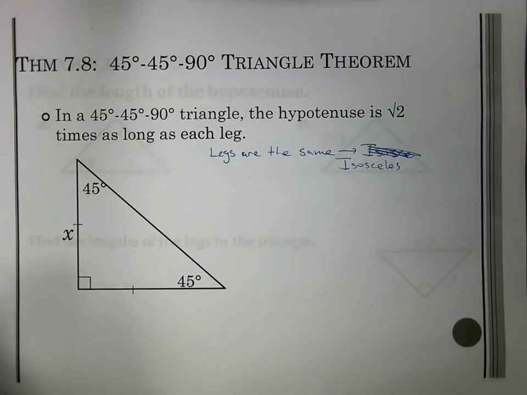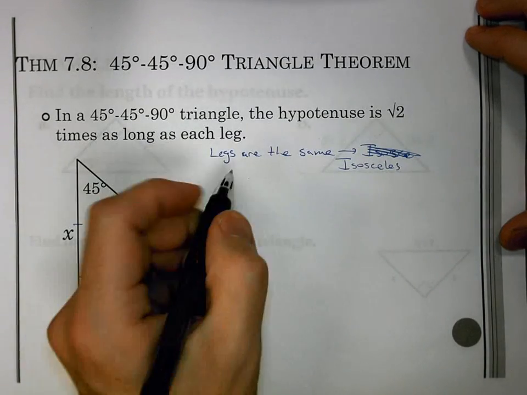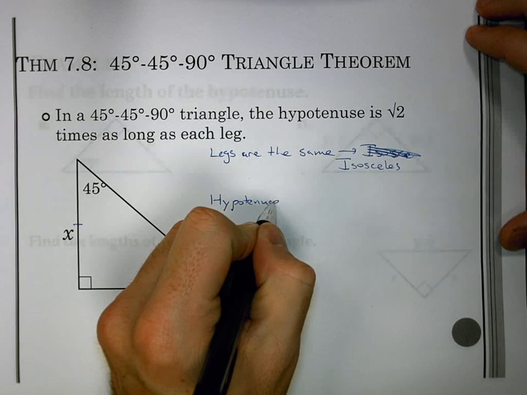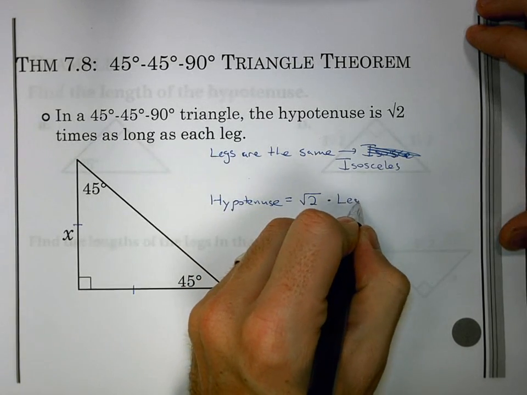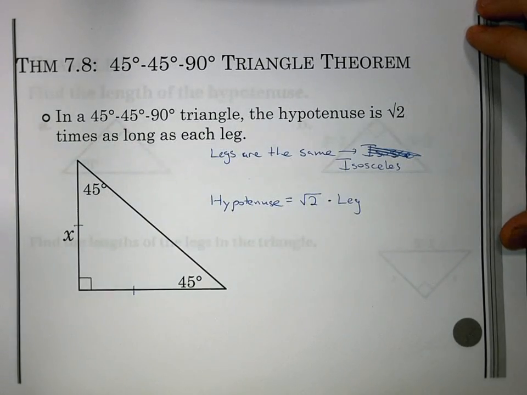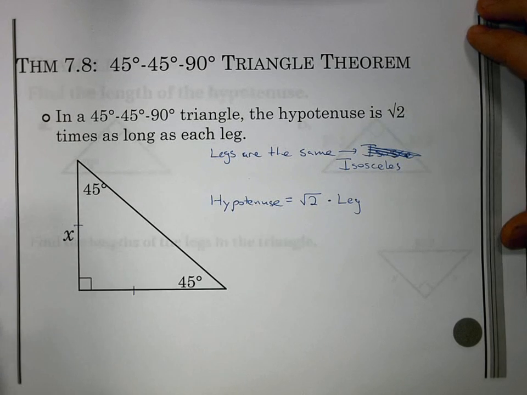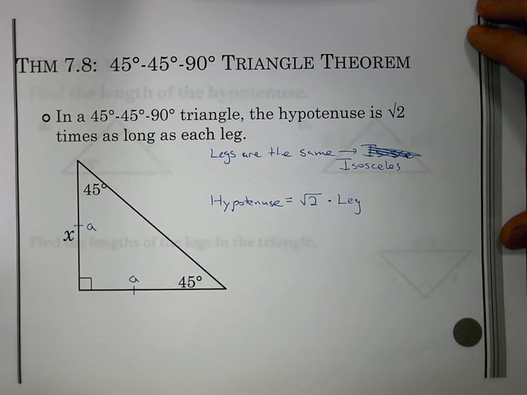Now, what we're saying here is the hypotenuse is root 2 times as long as each leg, or the hypotenuse equals root 2 times the leg. Let's label this triangle and say that the two legs have a value of a.